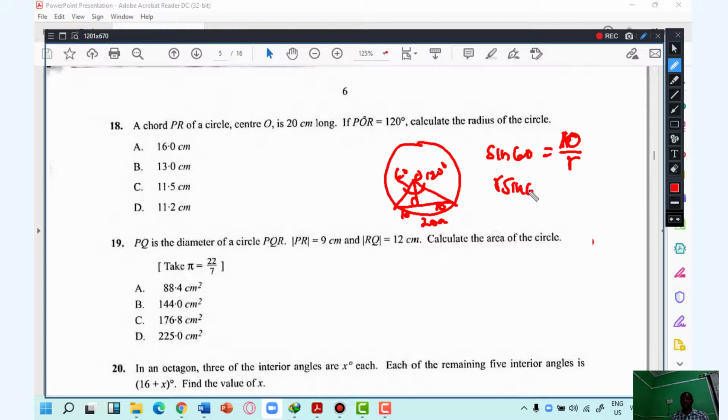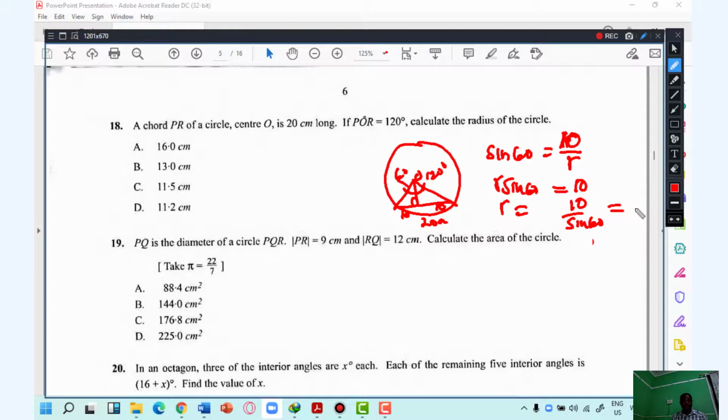So radius sine 60 is equal to 10. So radius will be 10 over sine 60. So let's see what we get here. You take your calculator. So 10 over sine 60.